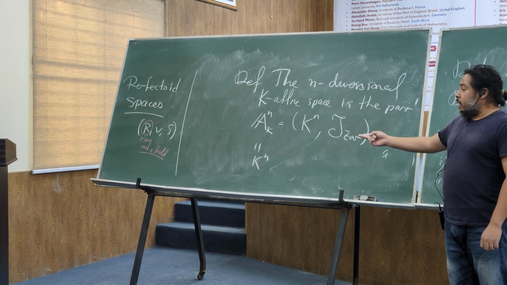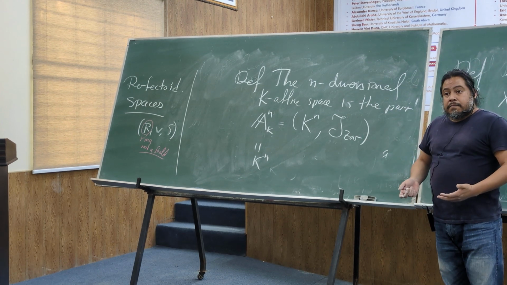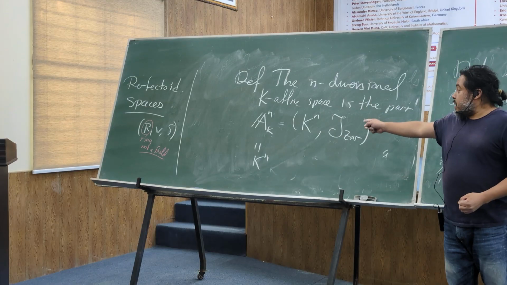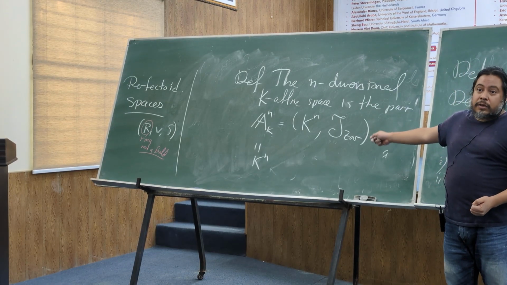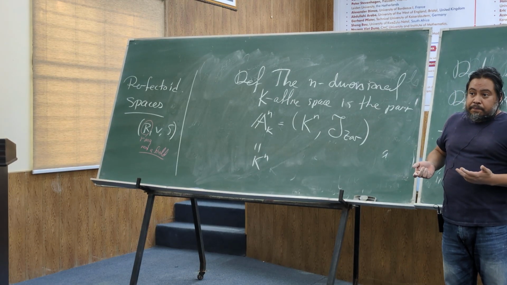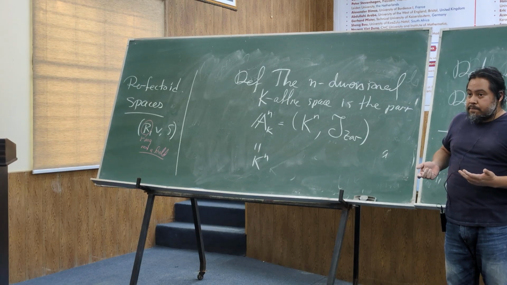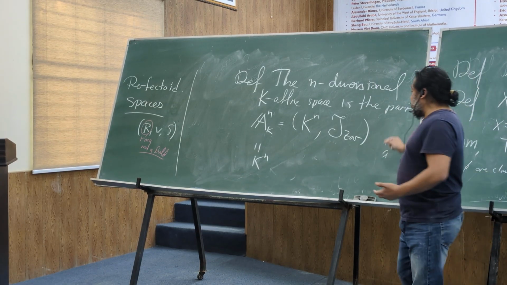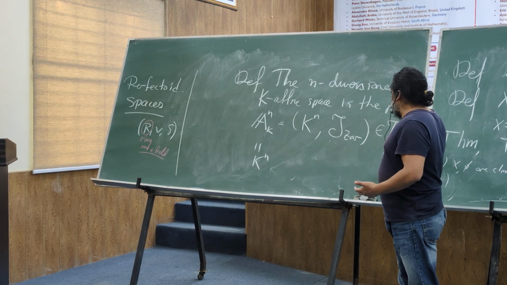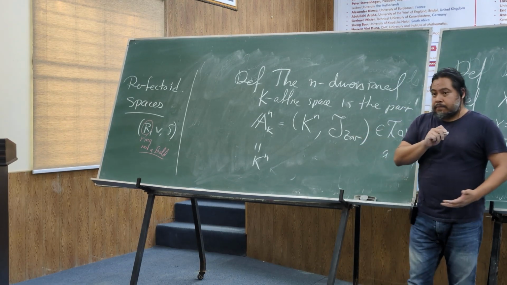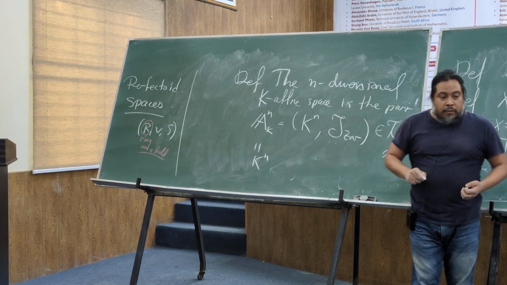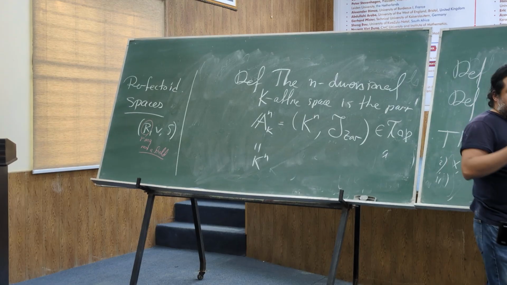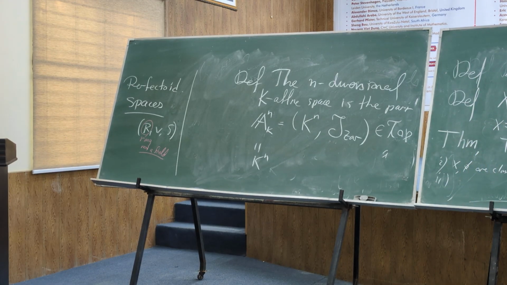Because K^n is a set. K^n together with the Zariski topology is a topological space. They are not the same. This is why we call it the affine space, because it is a set with a topology. But K to the n is just a set. It is very important to make the distinction.